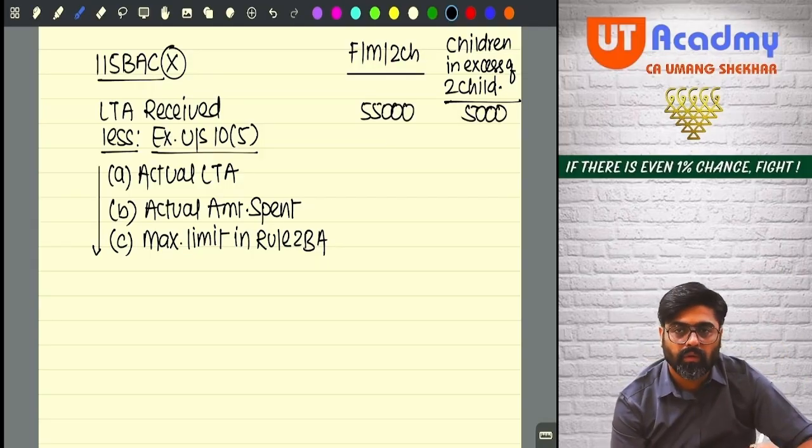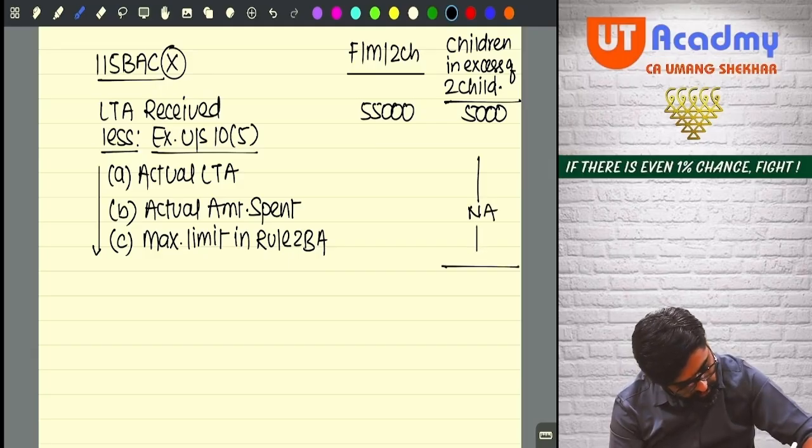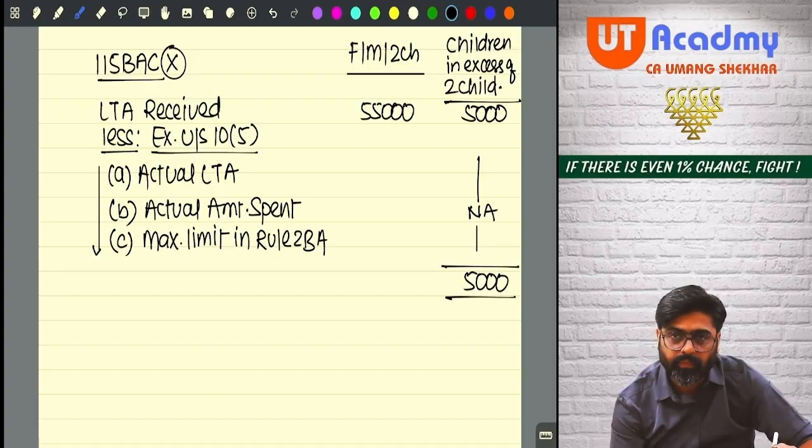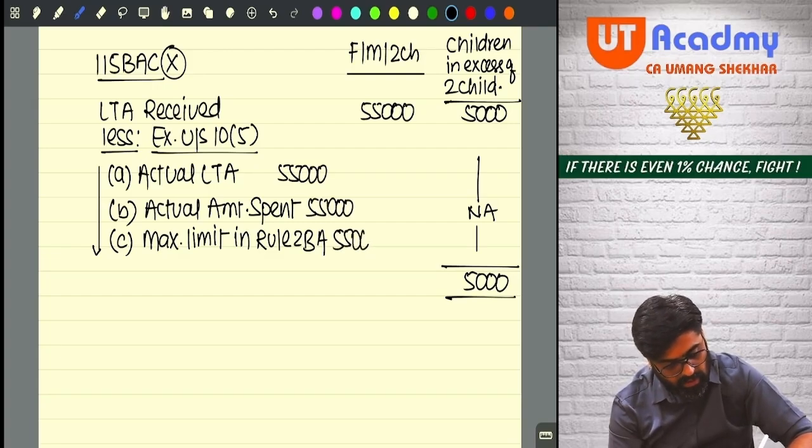No exemption from here. What did I say? No exemption from here. This will be fully taxable, 5,000. Done. But what about this side? 55,000 spent, 55,000 actual amount and 55,000 was the limit.